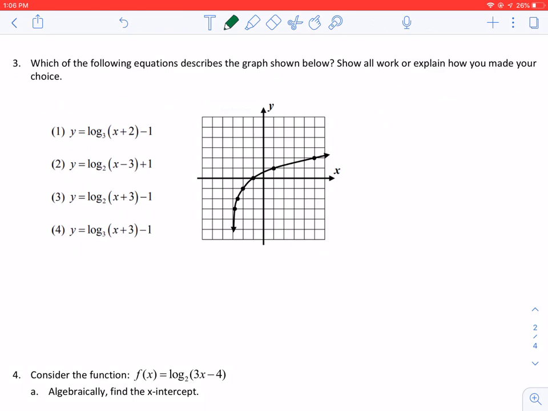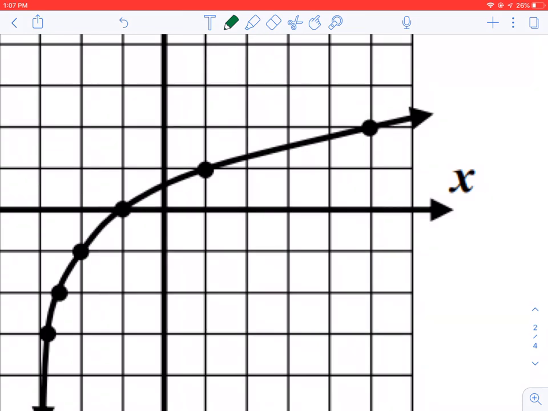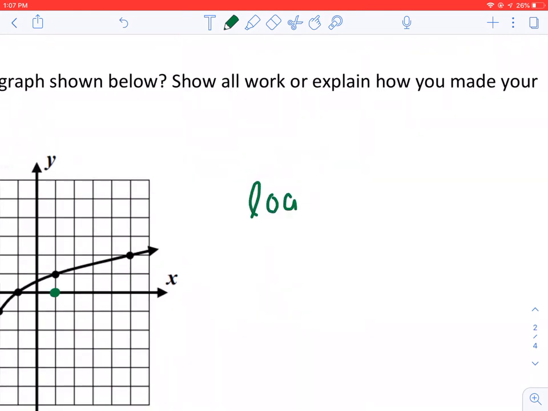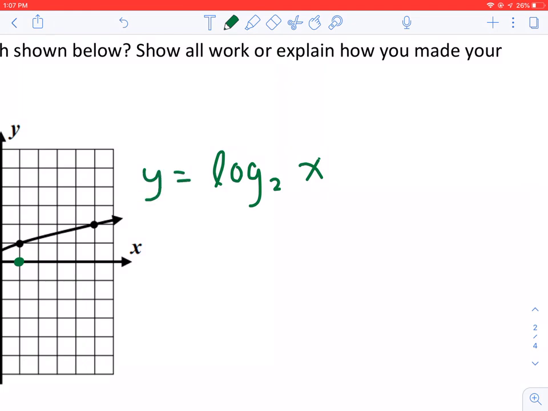All right, so for any log graph, I know it's going to pass through the point 1 comma 0 if there are no transformations. For any log function, it's always going to pass through the point 1 comma 0. So let's just take a look at log base 2 of x, for example, or y equals log base 2 of x.